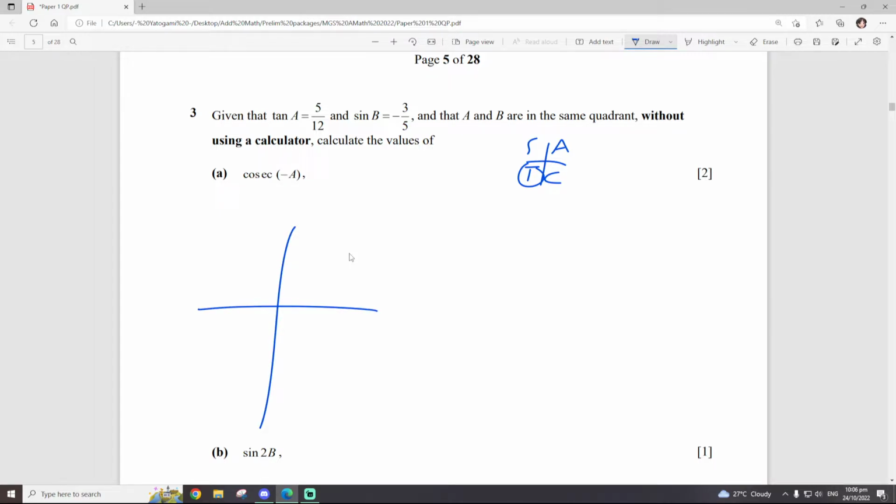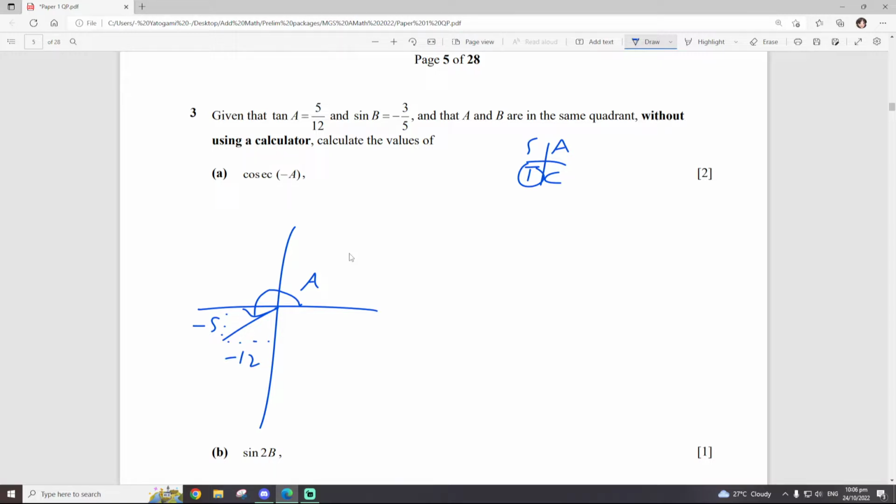So if I draw the triangle, it looks like this. So this is A. So this is the minus 5, and this is the minus 12.